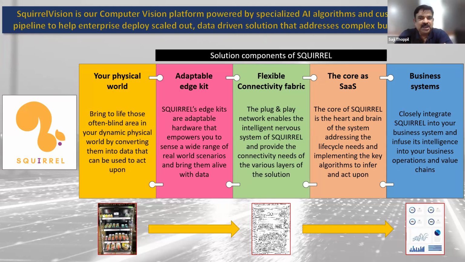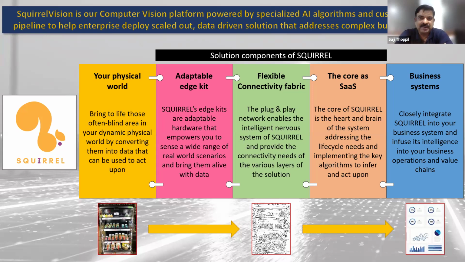The next element is the flexible connectivity fabric. Typically, you will have some of these computer vision solutions deployed across countries, or sometimes across continents, or it could be across cities also, right? So, how does that networking happen? Some of you would have heard about terms like software-defined networks.